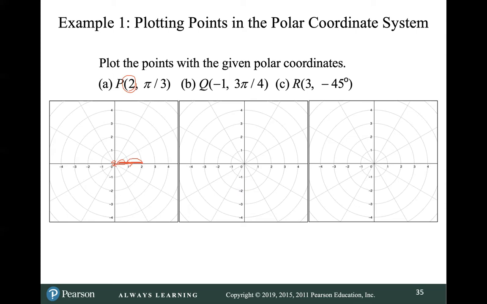Pi over 3 is 60 degrees, right? We know this from the unit circle. So on our graph here, that's an angle of pi over 3. So there would be my angle and my radius of 2. So my point is here on my polar coordinate plane.